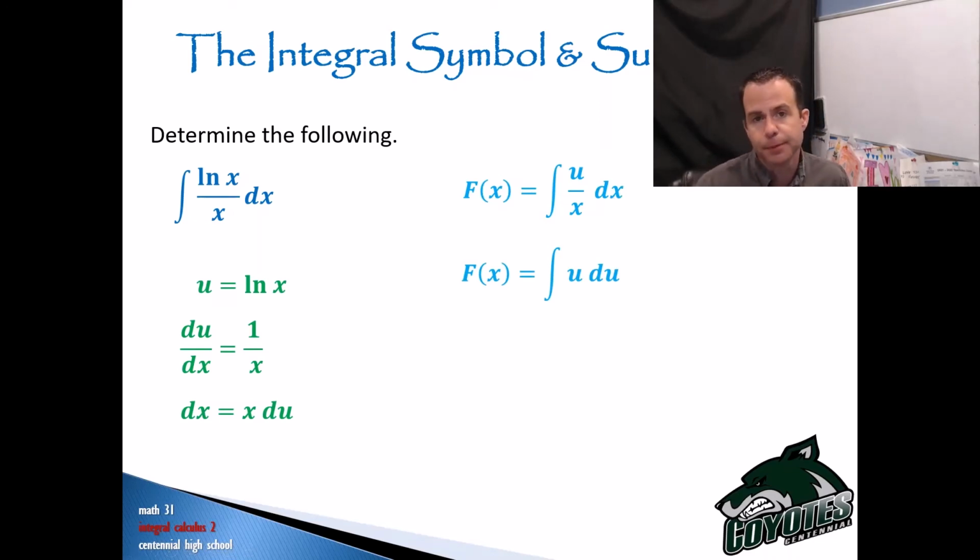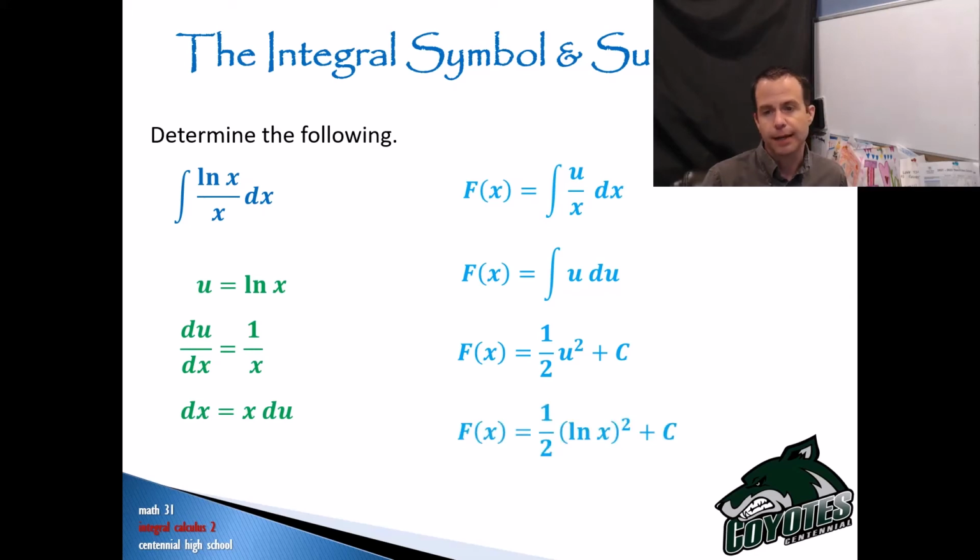If I want to bring that up to 2, I have to divide my coefficient by 2, so that'll be 1/2 u to the 2. So big F of x equals 1/2 u squared plus c, and then I put u back, u being ln x. So I have big F of x equals 1/2 ln x all squared plus c.